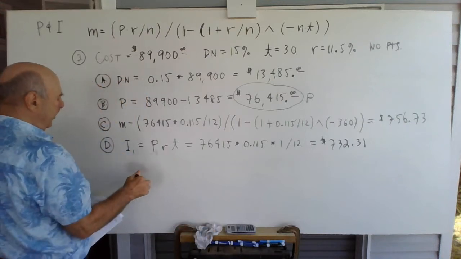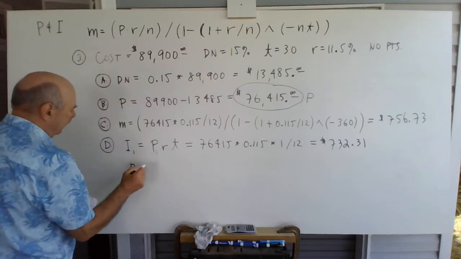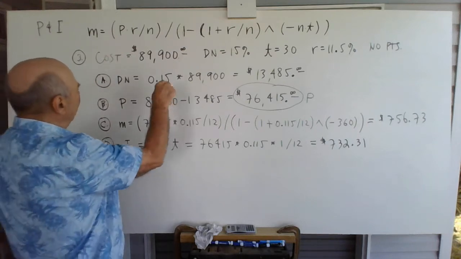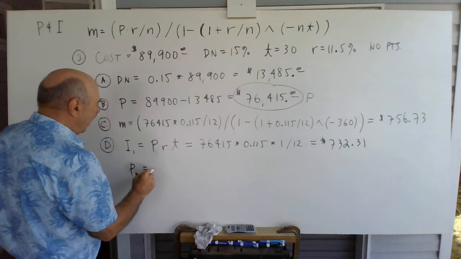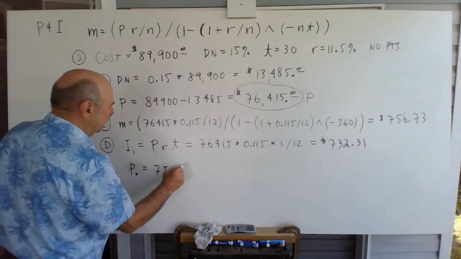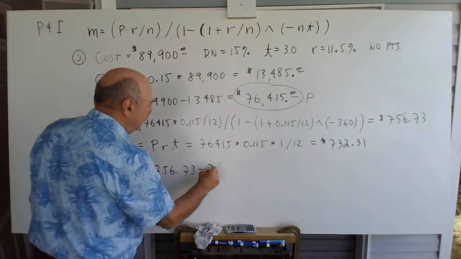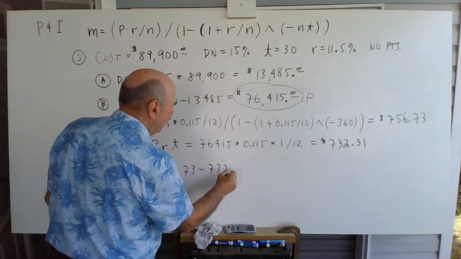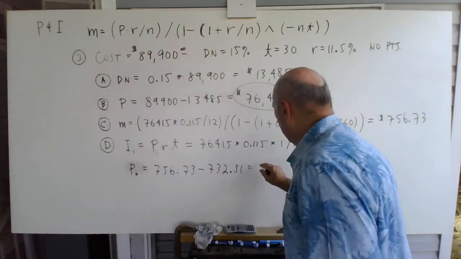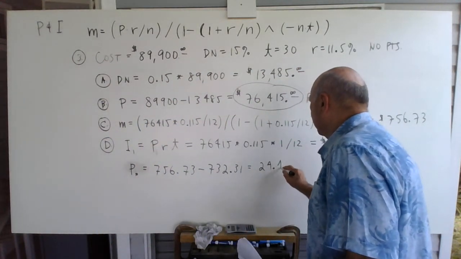We better not call that P1. We'll just call it P star, just so we don't call it the same P. So P star would be 756.73 minus the interest. And so if you subtract, you get $24.42.